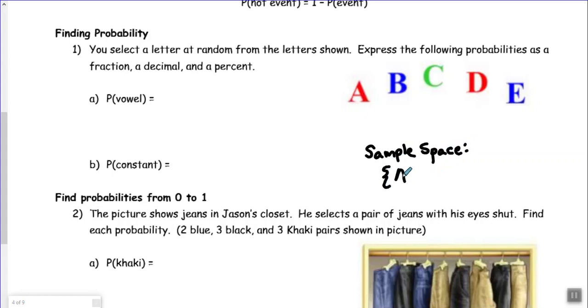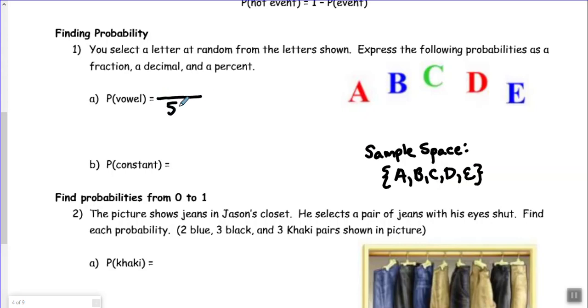Our sample space is A, B, C, D, and E. So it looks to me like there are 5 letters. So if there's 5 letters, that's how many total we have to choose from.